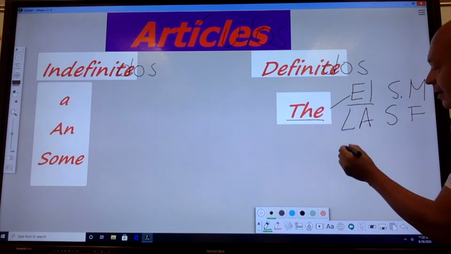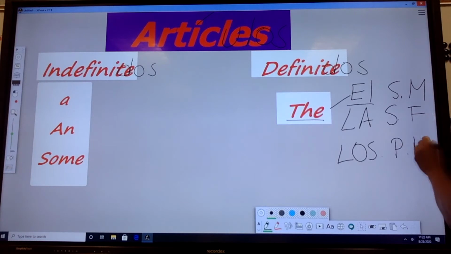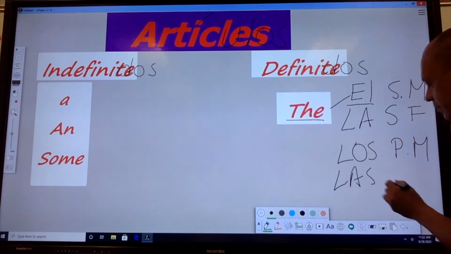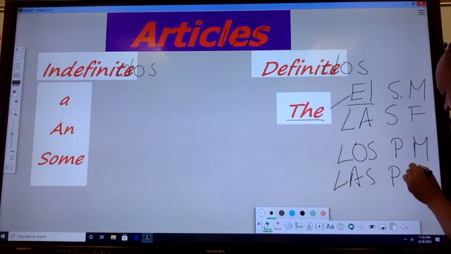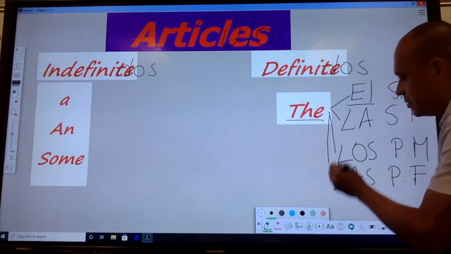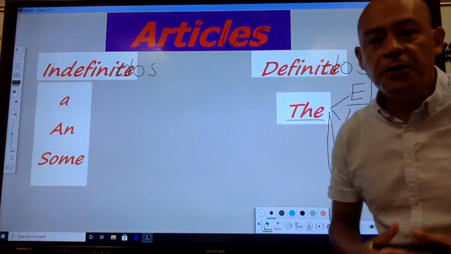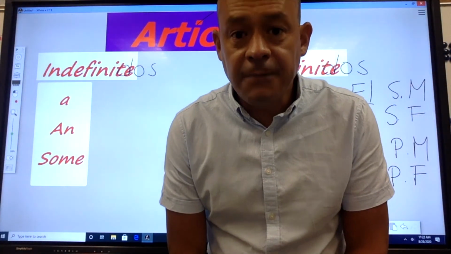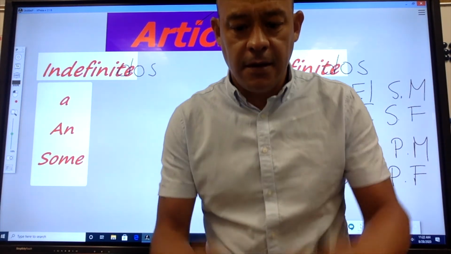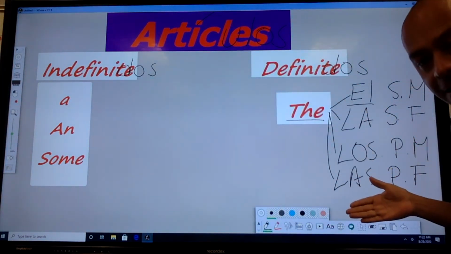The plural of el is los, so plural and masculine, and the plural of la is las, which means plural feminine. I know, a little more complex. English, Spanish. So how do you say the in Spanish? Now you know. You're going to say, well, there are 4 of them. El, la, los, las. And there you have it.